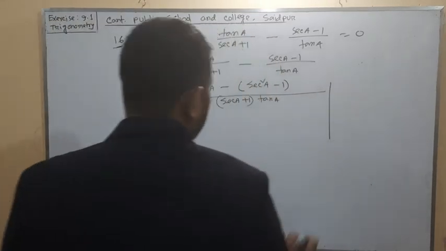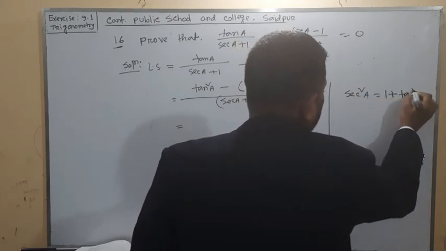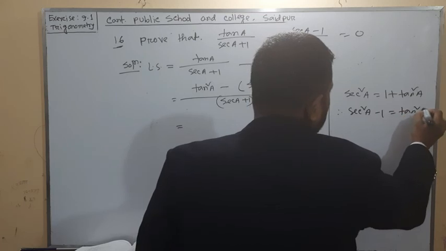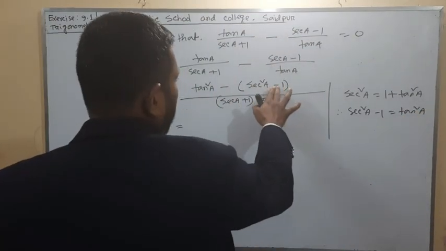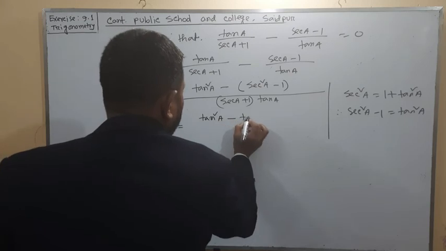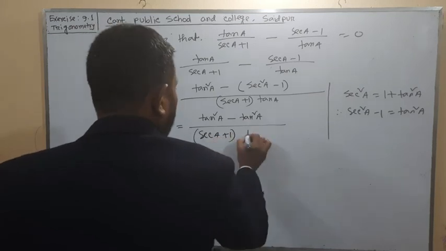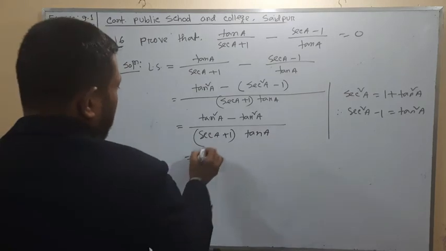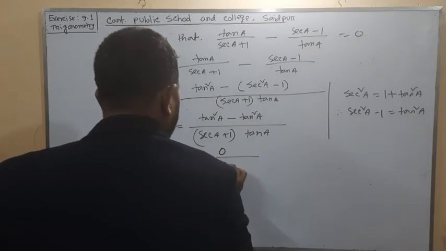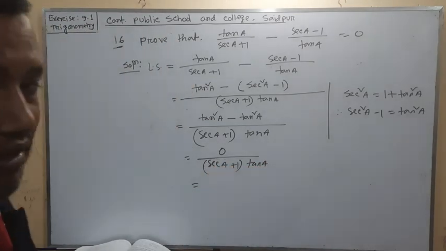Dear learners, we know the formula: sec square A is equal to 1 plus tan square A, or sec square A minus 1 is equal to tan square A. That is tan square A minus tan square A over sec A plus 1 into tan A. Tan square A and tan square A, if they cut, then we get here 0 over sec A plus 1 into tan A. 0 divided by any quantity, the value will be 0.